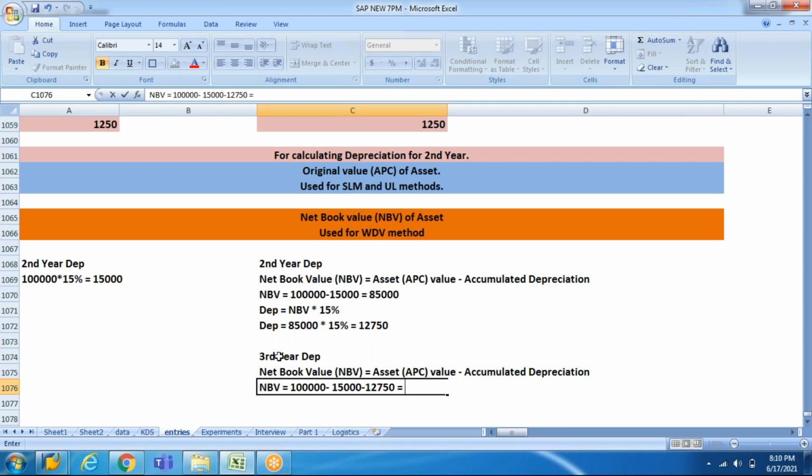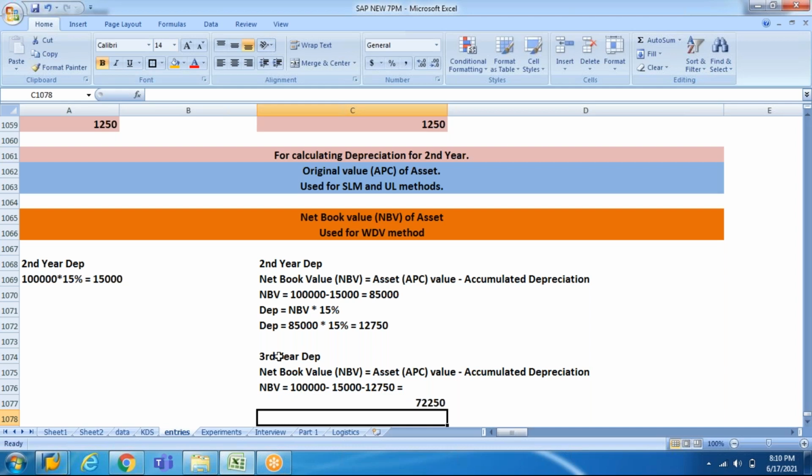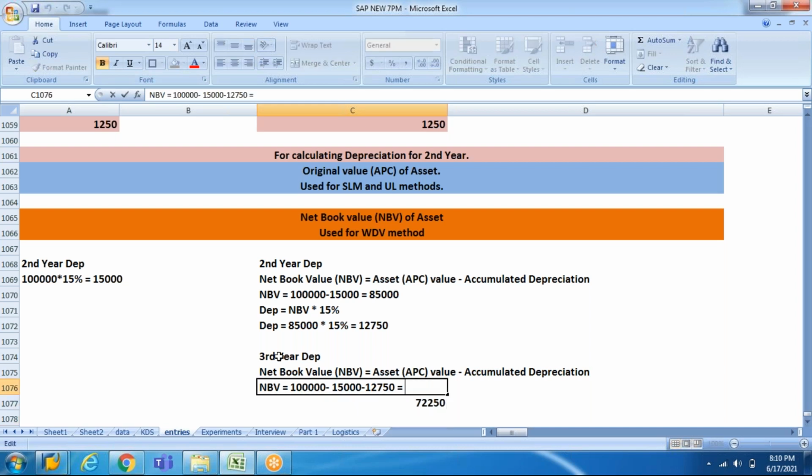That is equal to 1 lakh minus 15,000 minus 12,750, which is 72,250. This will be your net book value. So depreciation will be net book value into 15 percentage.